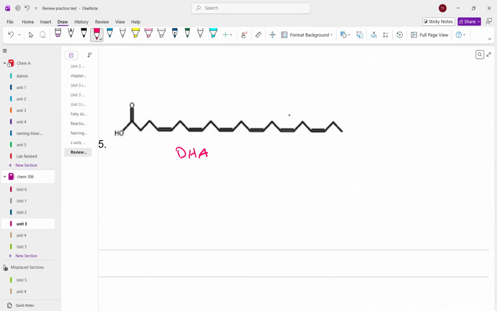Now, I didn't specify which name to use. I didn't say to use IUPAC, Delta. So you could have given any of these. Now, this is a Delta. So that's C22:6, Delta 1, 2, 3, 4.